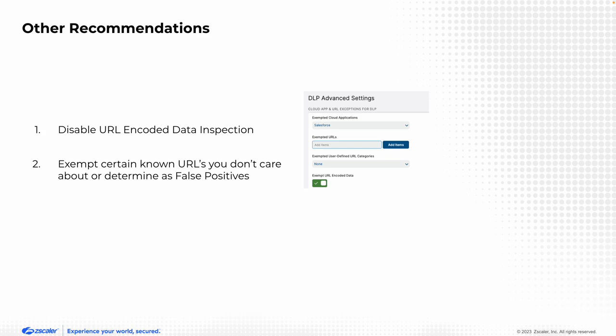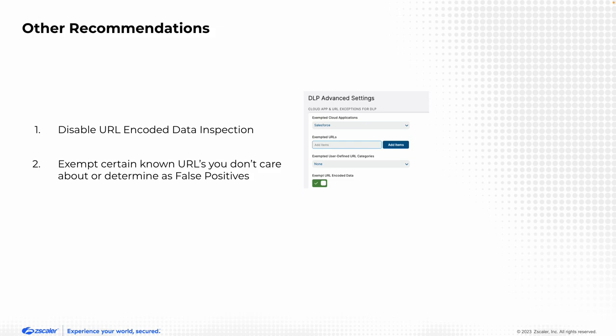And if you do bulk data, it does not make sense to do URL encoded data. By not exempting the URL encoded data, you are likely to get many false positives. Zscaler's recommendation is to have the exemption enabled, by means of which the content type of URL encoded data will not be subjected to DLP evaluation.